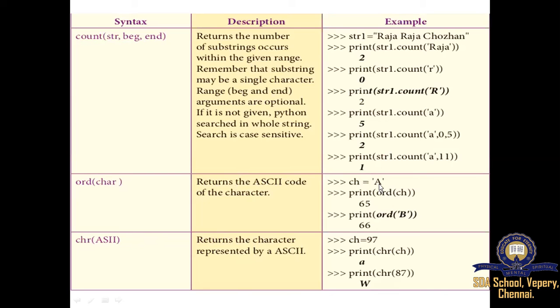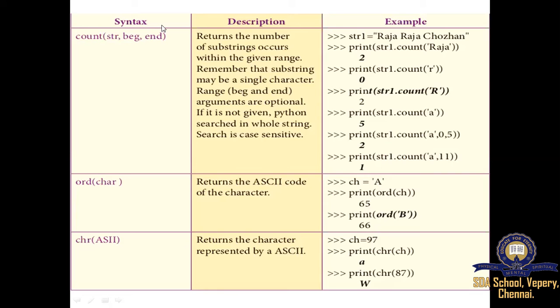What's a string assumed to be CH? Capital A. For capital A, what's the ASCII value? 65. If I give 97 in CHR function, this numeric ASCII value will be converted to character. Here, character will be converted to numeric. Here, numeric will be converted to character. Right? Now, we'll see what is count function.